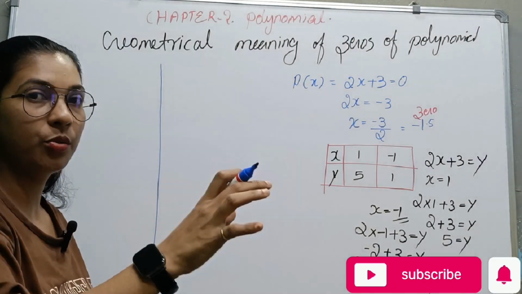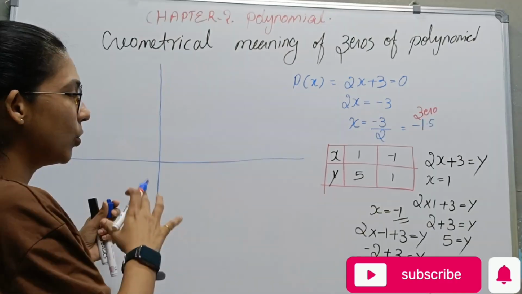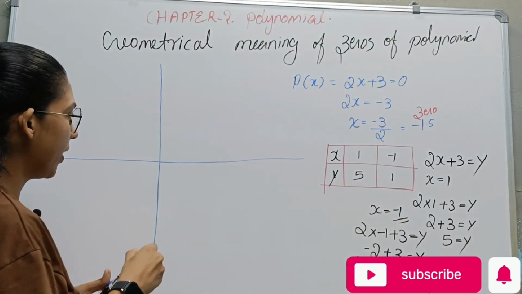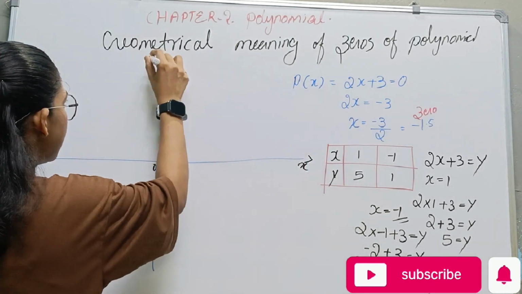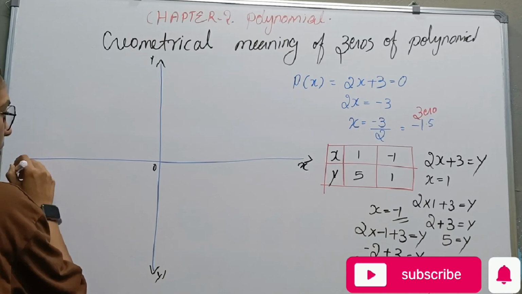Dear students, you have to use graph paper, otherwise you can't get the answer correctly. I'm using a rough sketch here. This is 0, this is the x-axis and this is the y-axis. This is y dash and this is x dash.